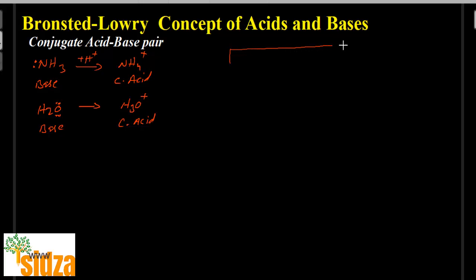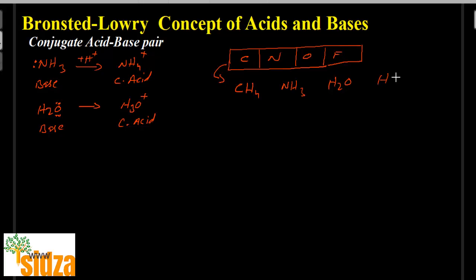We have carbon, nitrogen, oxygen, and fluorine. Let's take the hydrides of these second period elements. From carbon we get methane, CH4, nitrogen will be NH3, oxygen will be H2O, and fluorine will be HF.